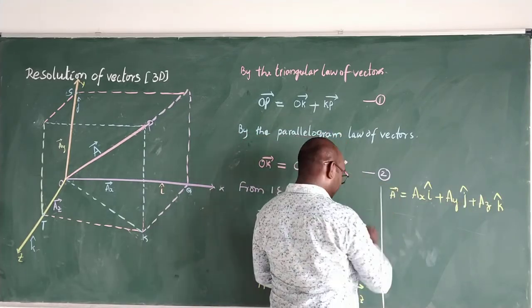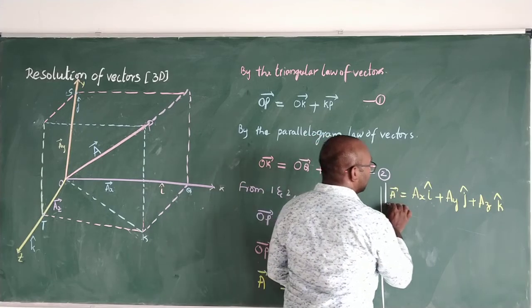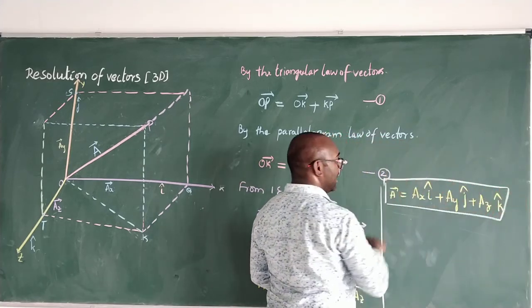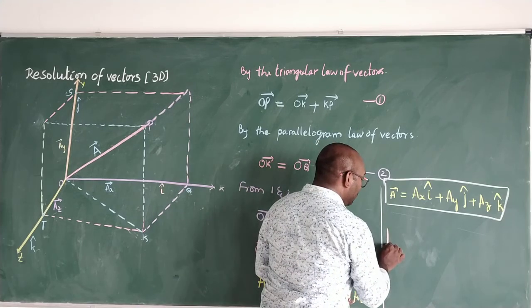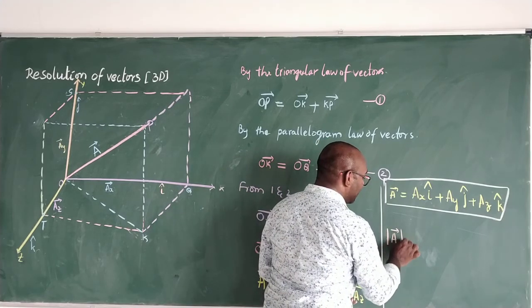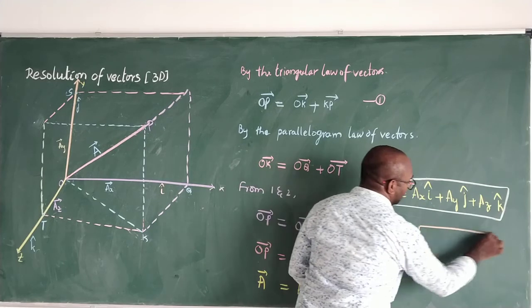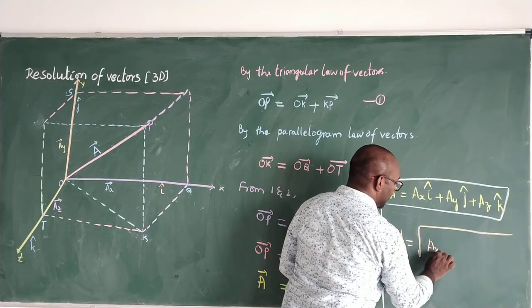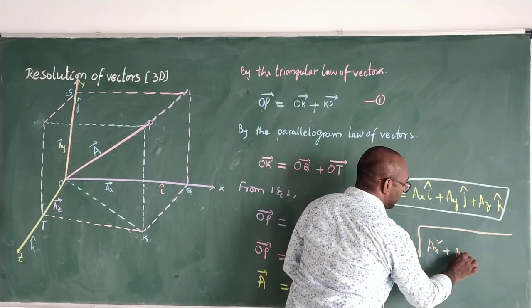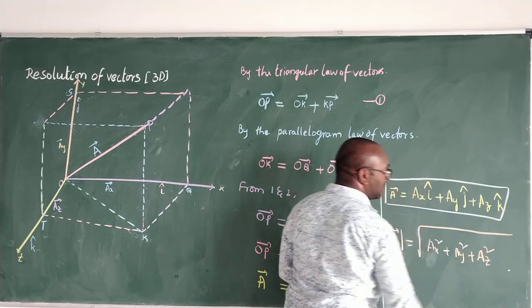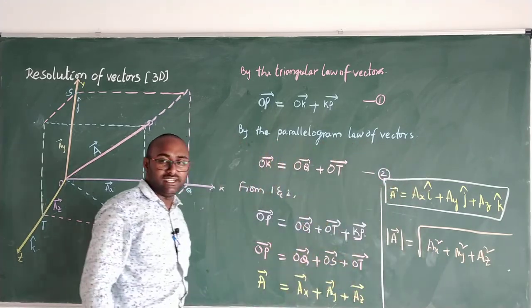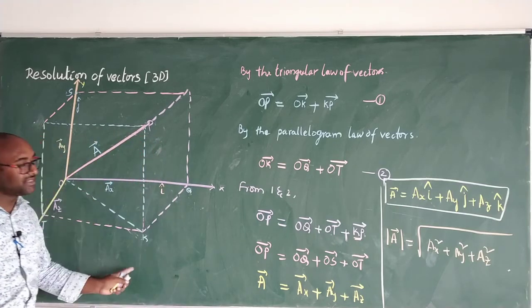Okay, so this is the way you have to resolve the vectors in 3 dimensions. Now the last point is, if I want to find out its magnitude, how will I find it? Under root, yeah, what is the answer? AX square plus AY square plus AZ square. This is all about the resolution of vectors in 3 dimensions. Any doubt? Very simple.